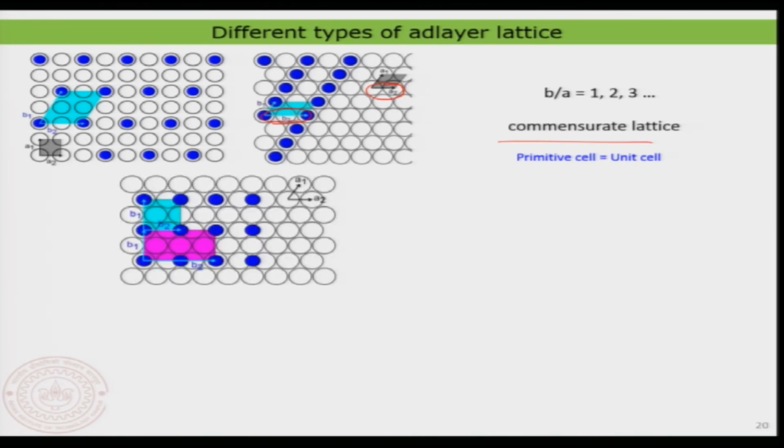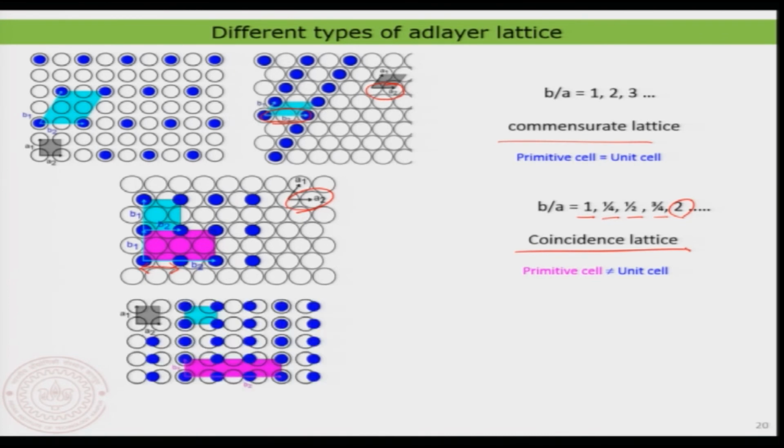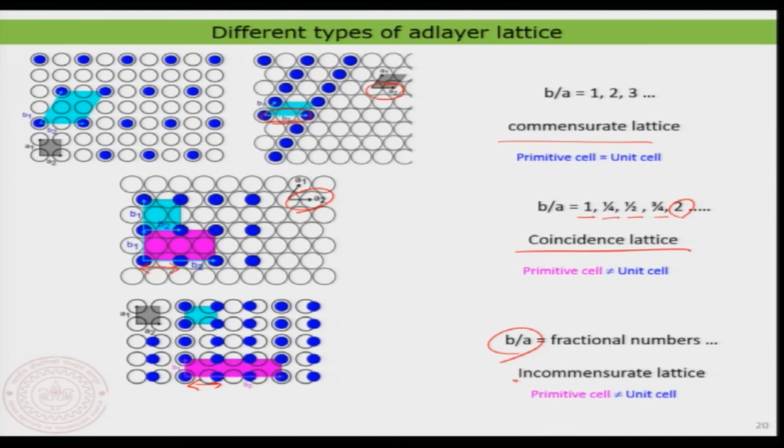But there is another case where this magnitude is not an integer with relation to the surface unit lattice vector, but you are getting something like 1/4, half, 3/4, 2 and things like that, then typically you call it a coincidence lattice. Or if that is absolutely not possible, if this distance is a fractional number with respect to that of the surface lattice, then you would call it an incommensurate lattice.